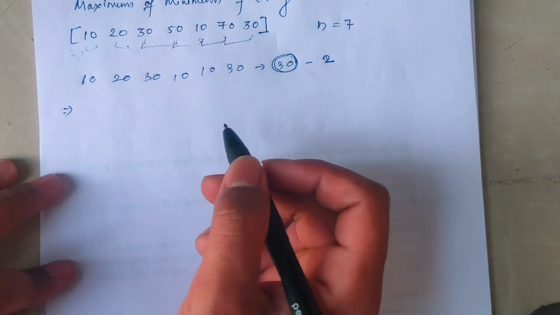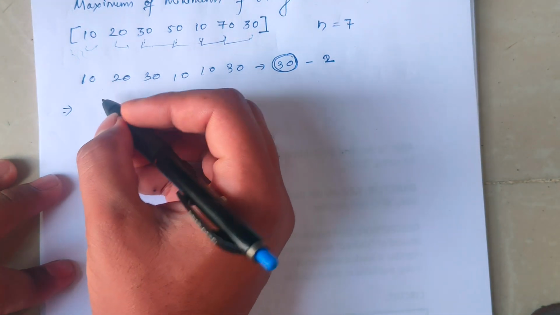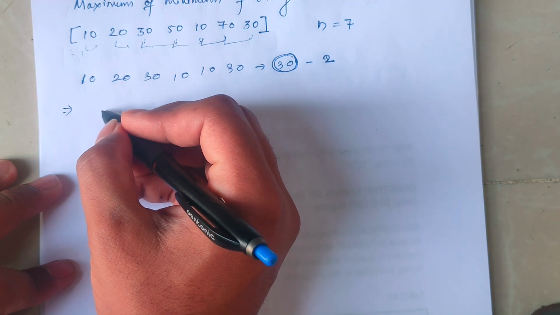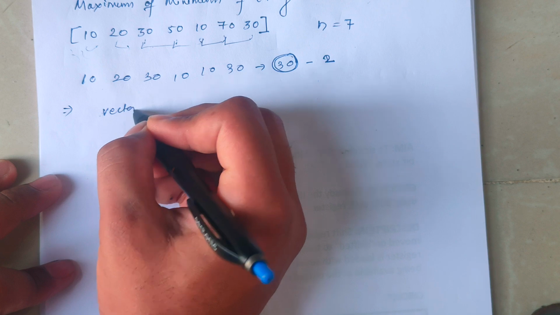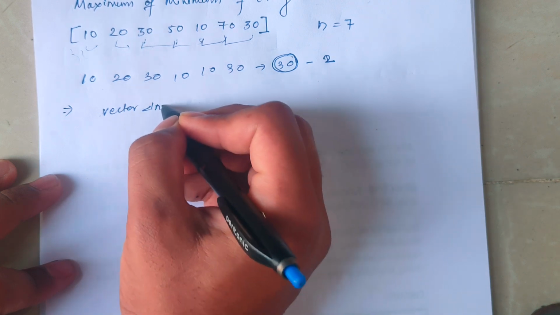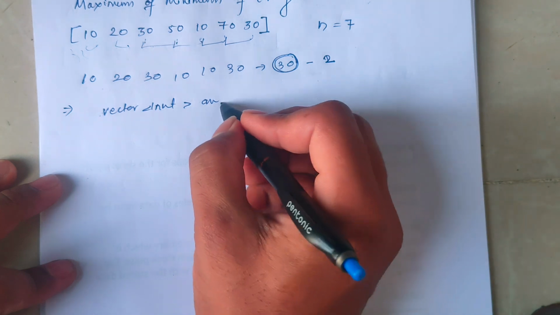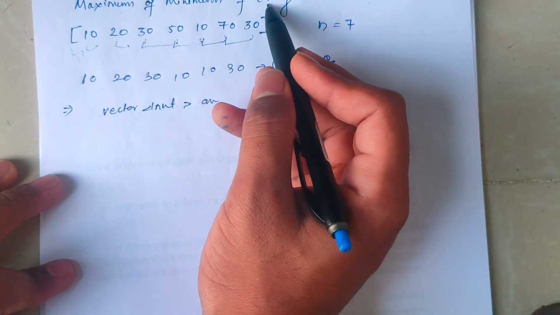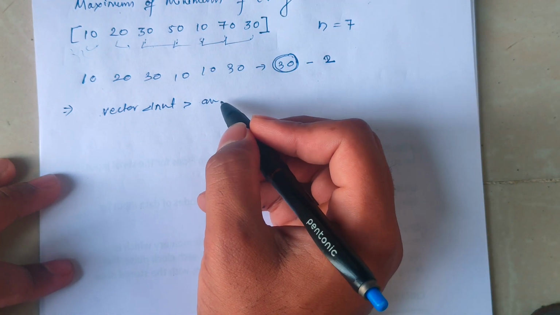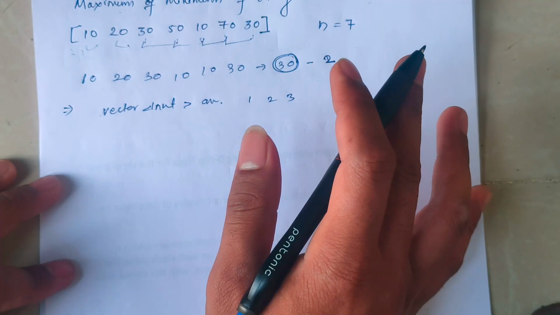Let's write the pseudocode for it. So how we are going to do it? We would be returning a vector of int answer, right? This would store the maximum of minimum of every window size, like for 1, 2, 3, for every window size.